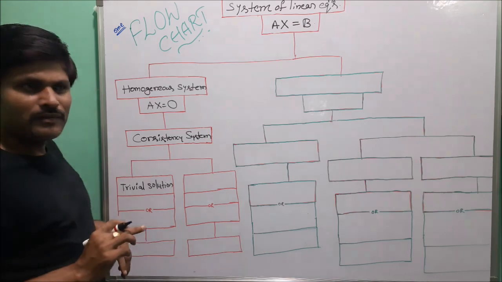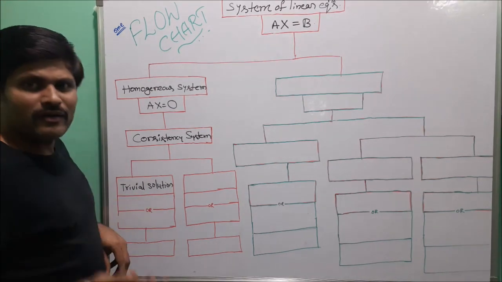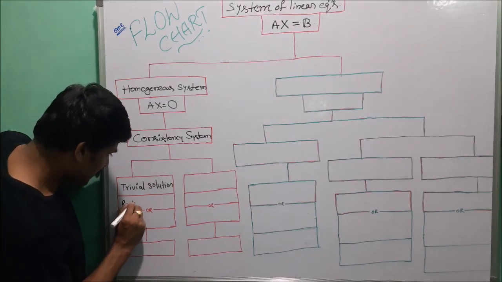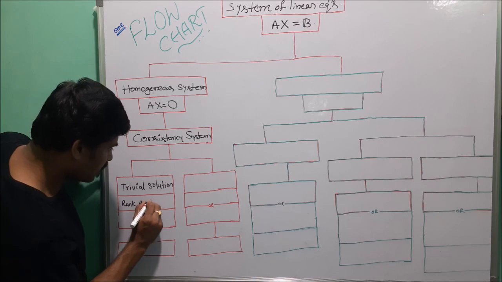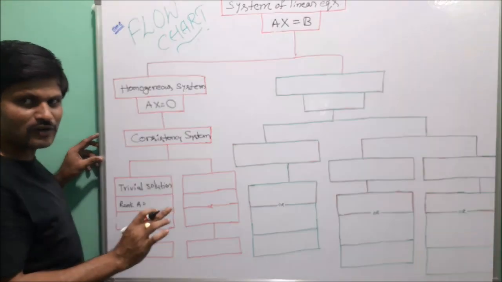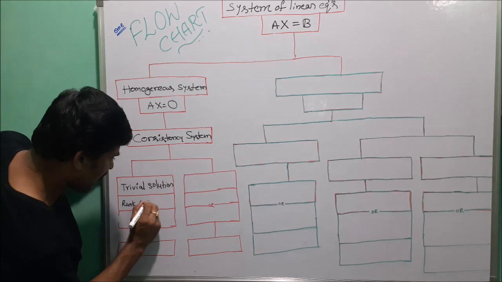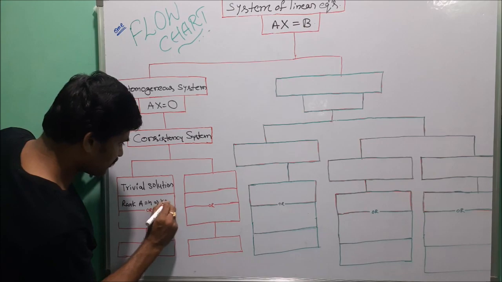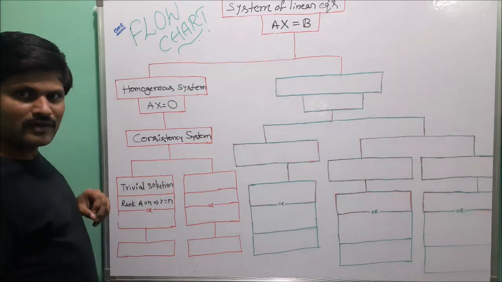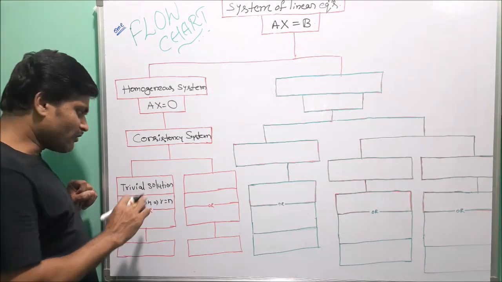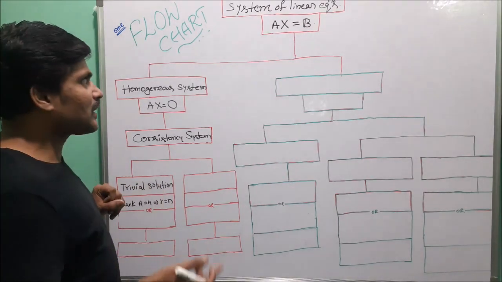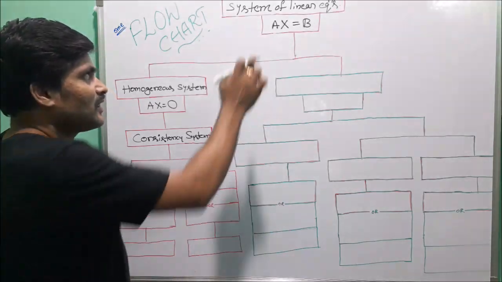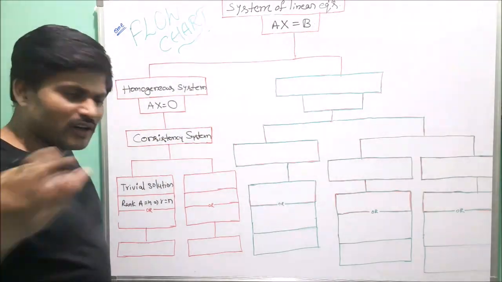Based on the rank of the given system, rank of A equals the number of variables or number of unknowns, which is denoted by n, which implies rank of A equals R equals n. Another way is to find the determinant of the coefficient matrix, that is not equal to 0.